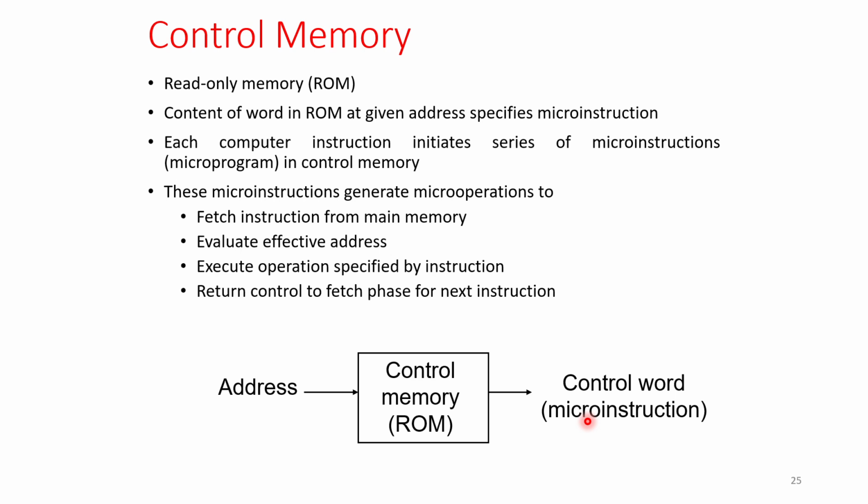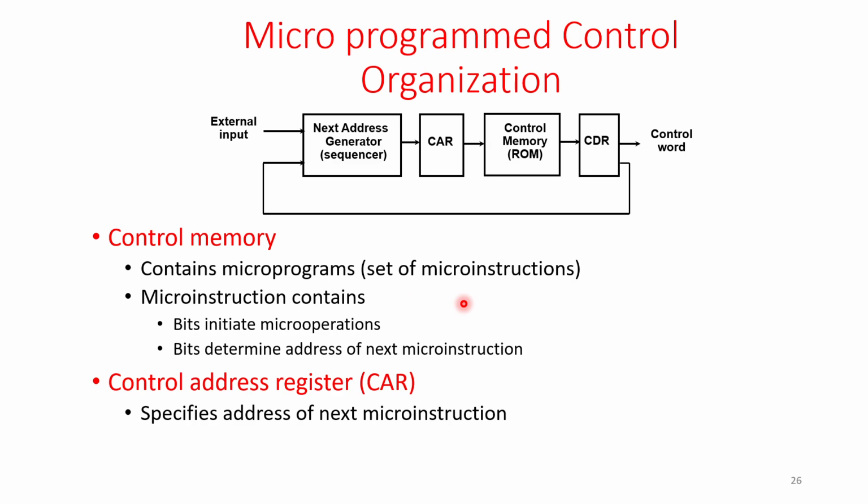In the microprogram unit, the specific address will be given to the control memory and the micro instruction will be fetched. It is the same thing we discussed for the normal instruction: here we fetch the instruction from the control memory, find the address, fetch the particular micro instruction, execute it, and generate the control signals.